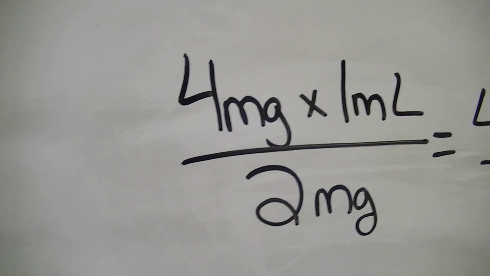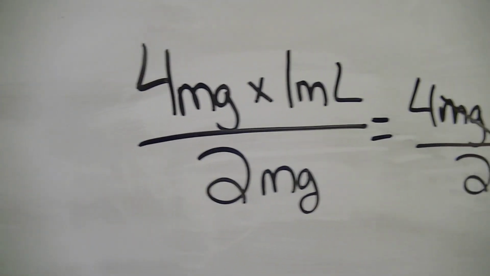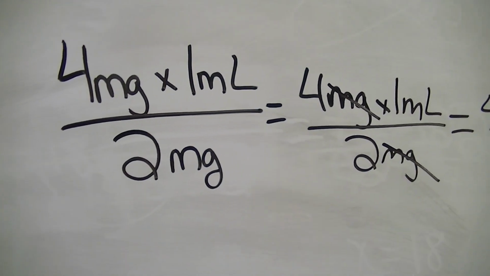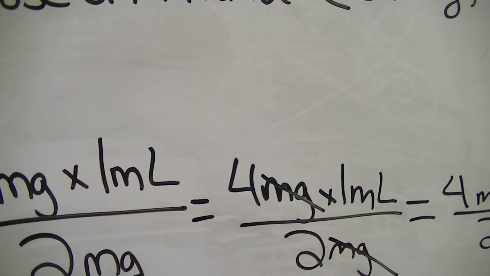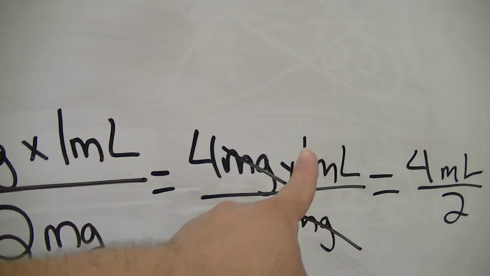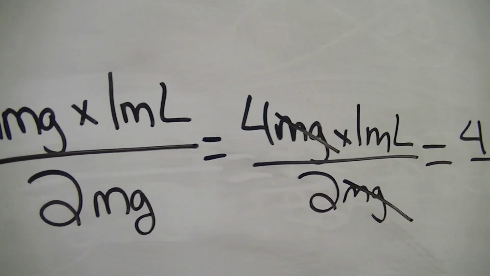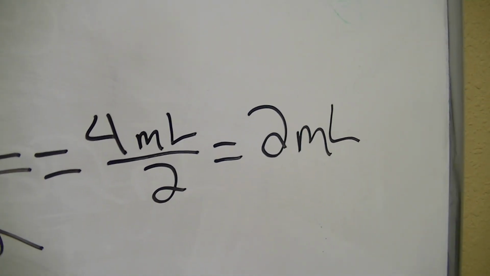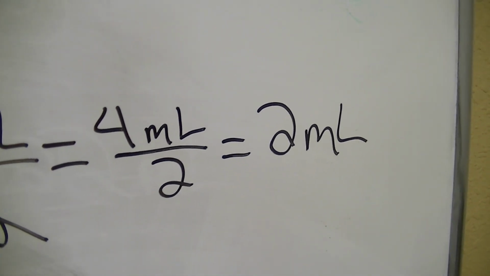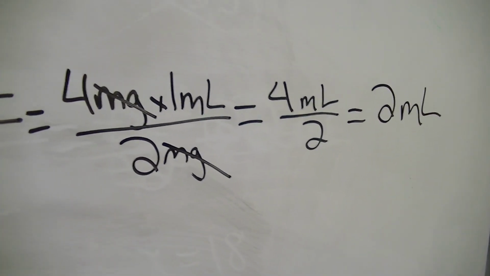So you could look at it as 4 times 1/2. Either way you look at it, notice that our milligrams and our milligrams cross off. What's left? Just the milliliter on the top. So when we say 4 divided by 2, or 4 times 1/2, what we're left with is just 2, and our milliliters are what's left because our milligrams crossed out.